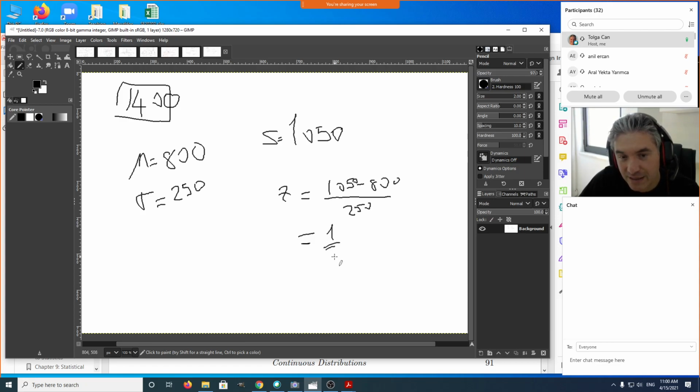So this is sometimes called the standardized score, and these standardized scores are used a lot in comparing exams that have different scales. Sometimes this is called normalization. We normalize things together to have the same unit.